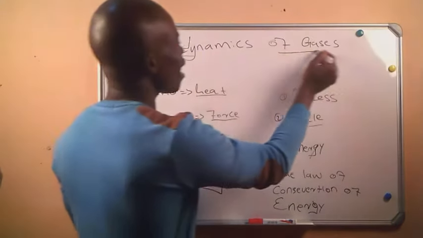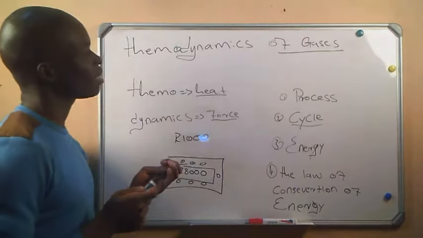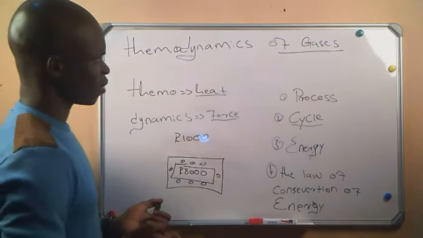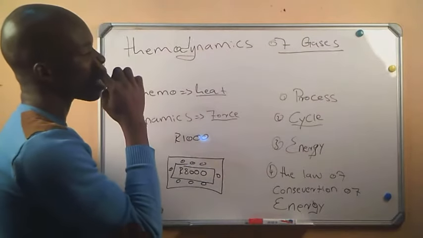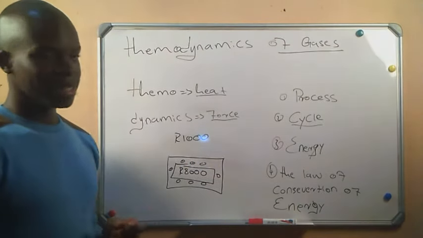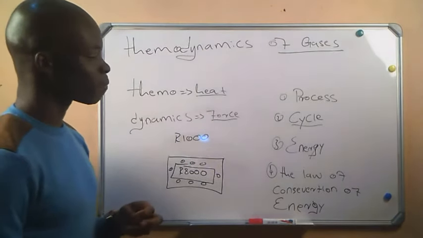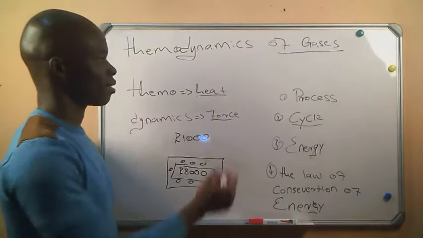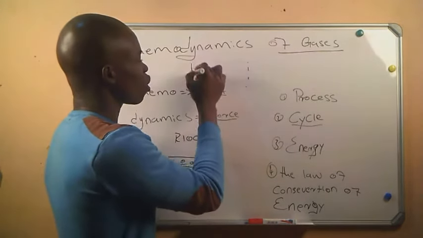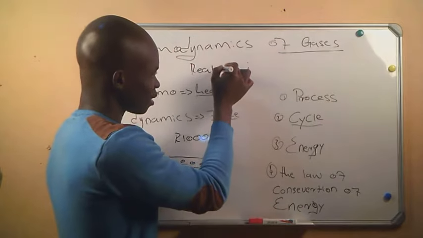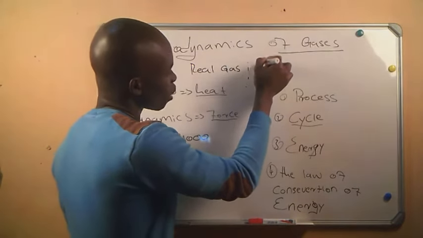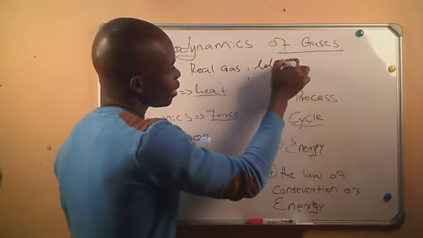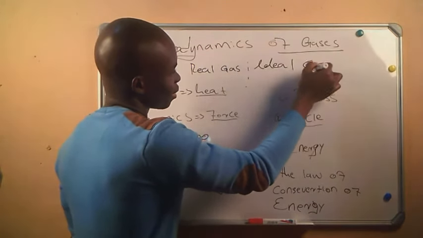And then we have the gases part of the topic. It is called thermodynamics of gases, and since we are now dealing with gases, it is important to know that we have two types of gases. We have what we call a real gas, and then we have what we call an ideal gas.